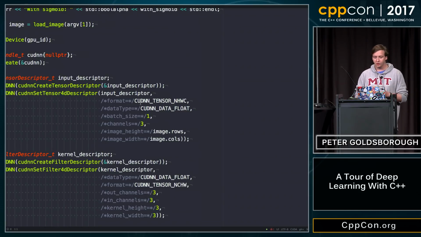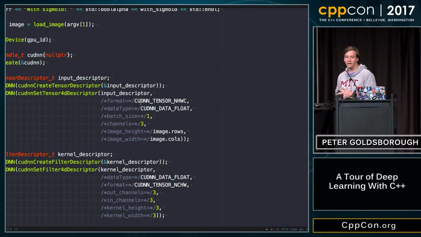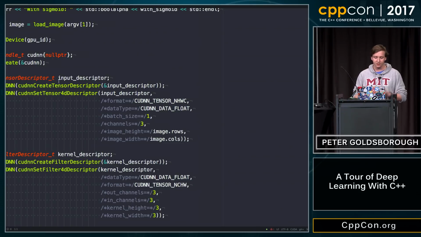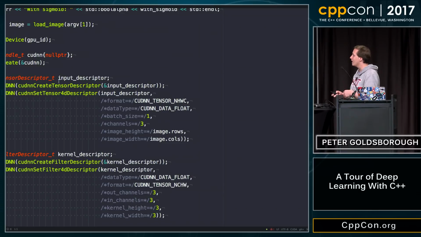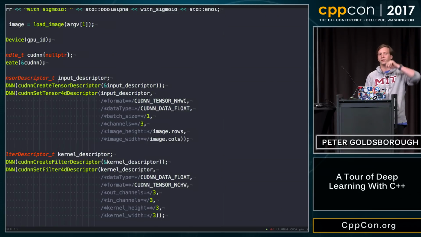And also because it's C, it can be wrapped to other libraries or other languages like Python or Ruby or whatever. So the way cuDNN works is that it has descriptors for the various operands to its operations. So here we have, for example, a tensor descriptor. First of all, a tensor is simply a multidimensional array. So for example, a 3D image would be a 3D tensor, and if we stack multiple of those 3D tensors together, we get a 4D tensor, and so on.